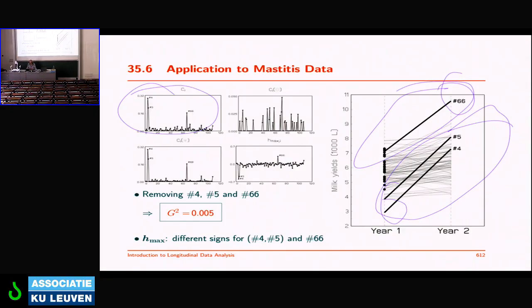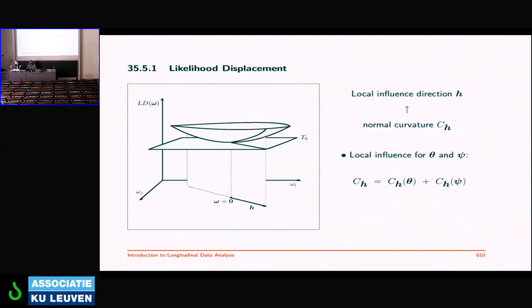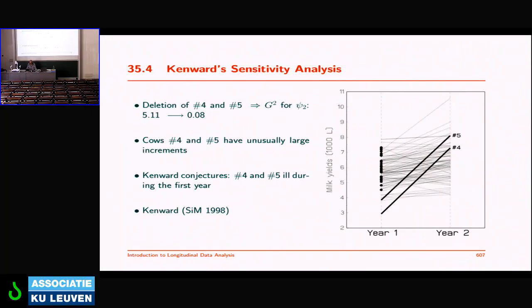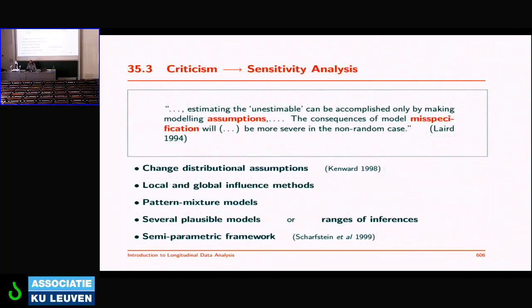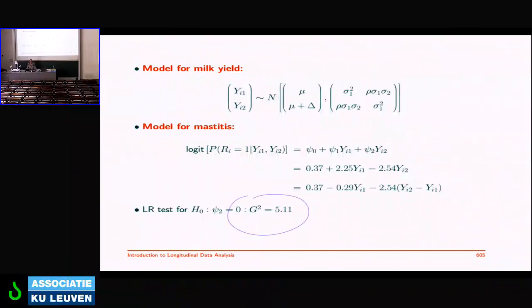Now, if we go back a little bit to the original analysis, that's already a while ago. In the original analysis, we had a likelihood ratio of 5.11, so a test for Psi2, and if we're not careful, we would call that a test for missing not at random, was significant.